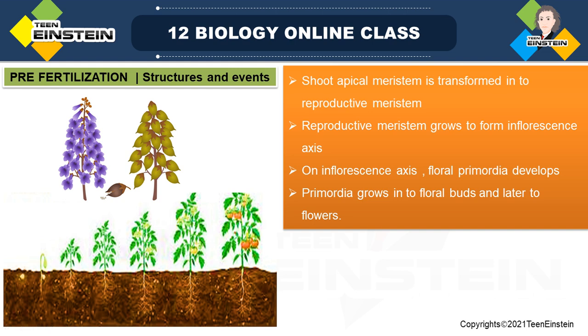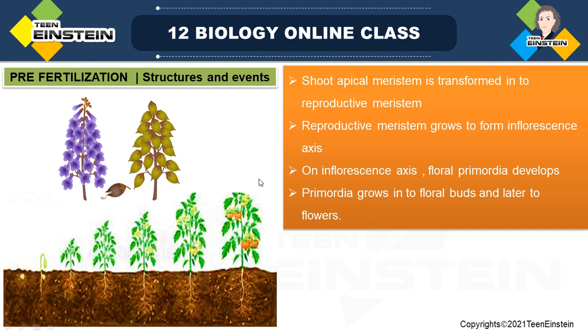Then this floral primordia will grow into floral buds. You can see it will grow into a floral bud, and then it will form the complete flower. So the shoot apical meristem is transformed into reproductive meristem. You can see here the apical bud will grow and form a reproductive meristem.